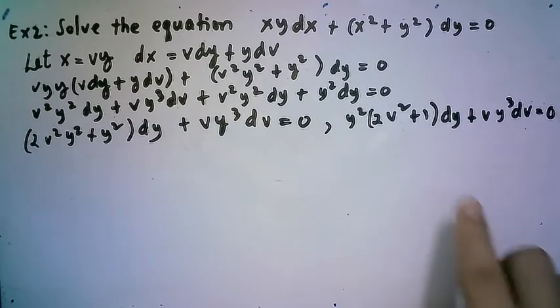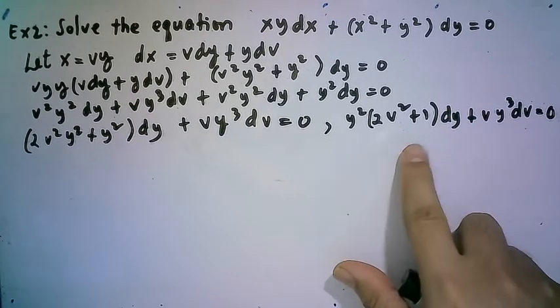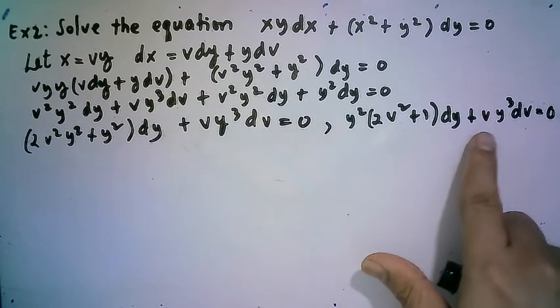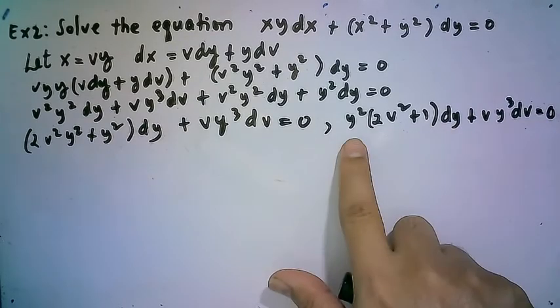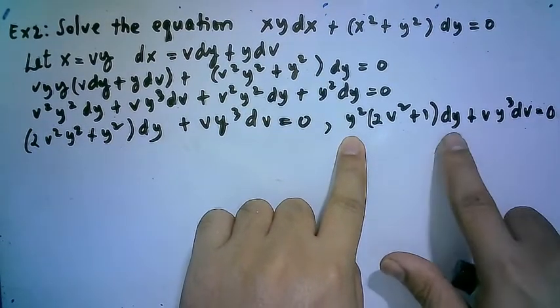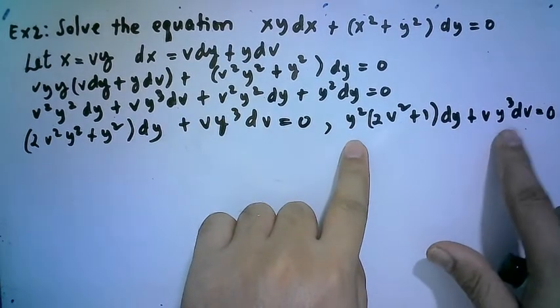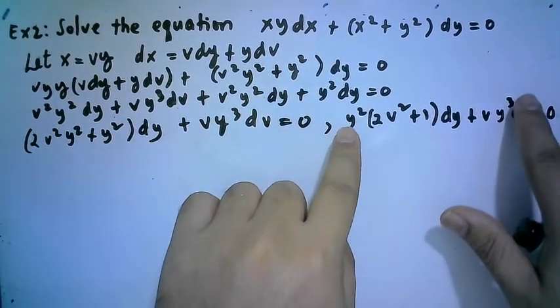Now, by rearranging this one, the result will be, by cross multiplication, y squared and y cubed, so you will cancel y squared against y cubed.